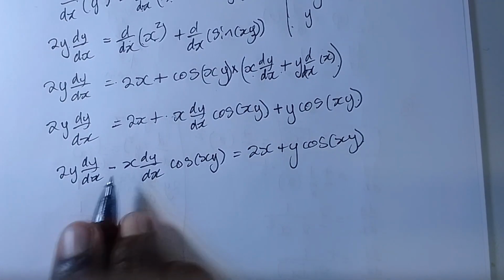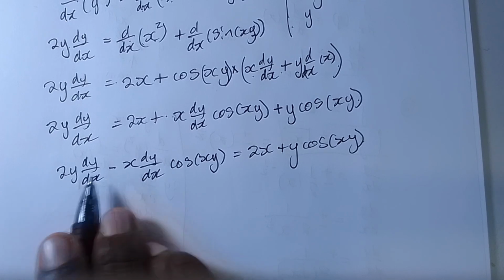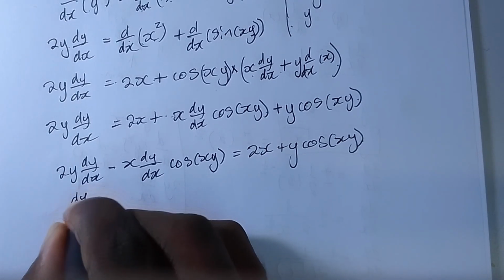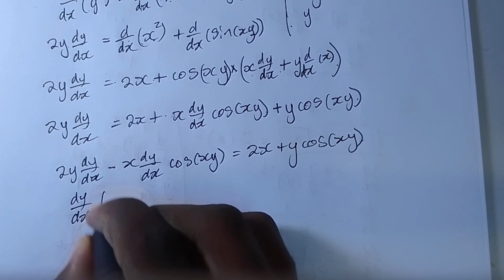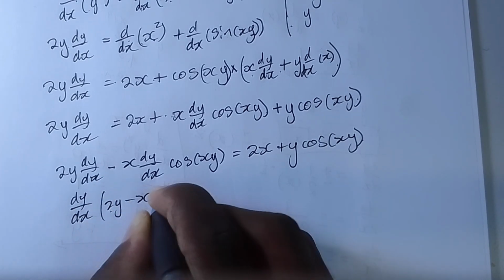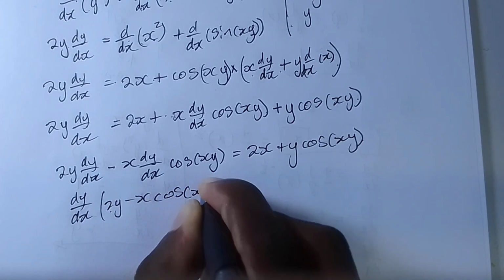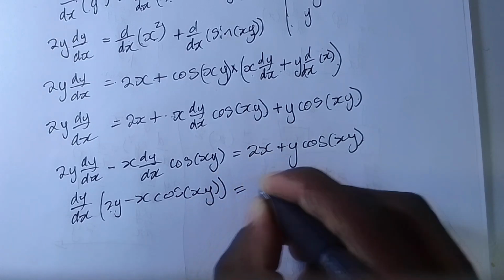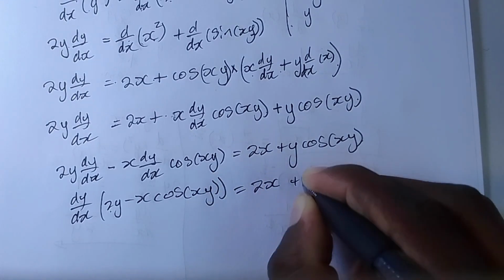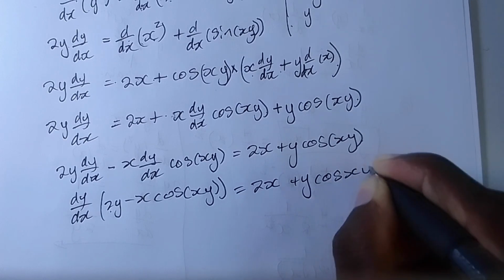We take dy on dx as a common factor this side. dy on dx into 2y minus x cos xy is equal to 2x plus y cos xy.